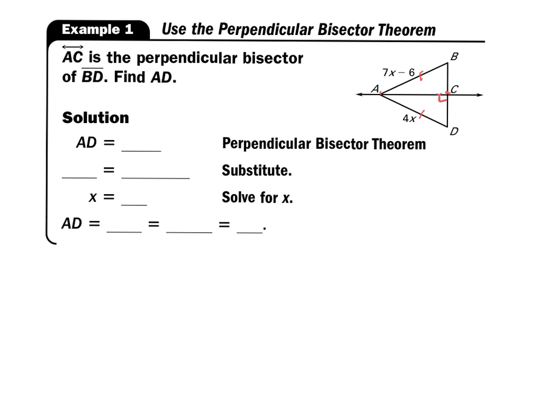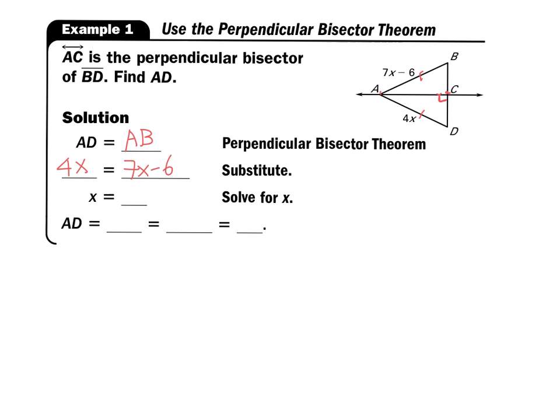So it's asking me to find the length of AD. So let's go. As I mentioned, by the perpendicular bisector theorem, AD and AB equal each other. And on the graph, it tells me AD is 4x and AB is 7x minus 6.